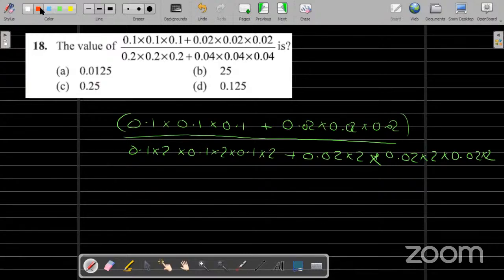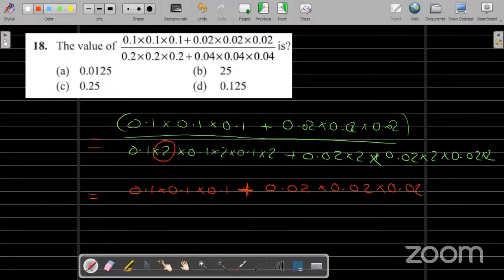Now this can be written like 0.1 into 0.1 into 0.1 plus 0.02 into 0.02 into 0.02 in the numerator.